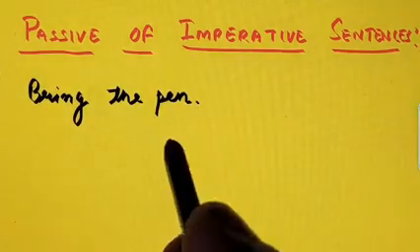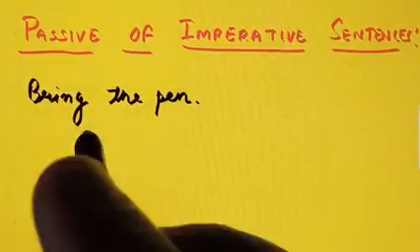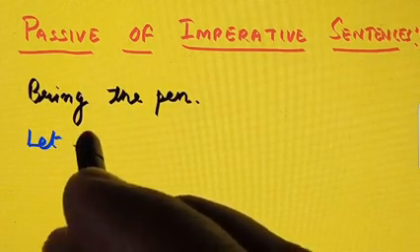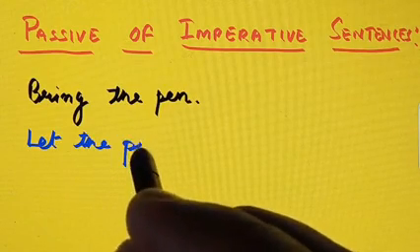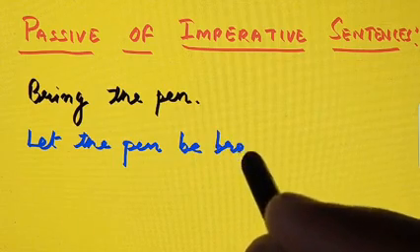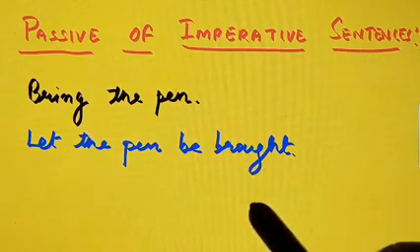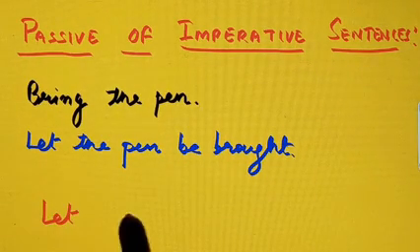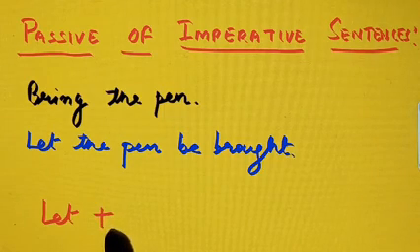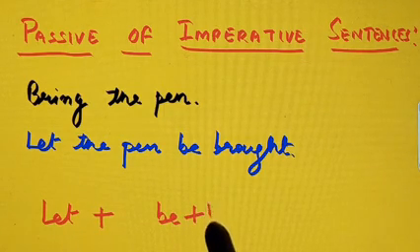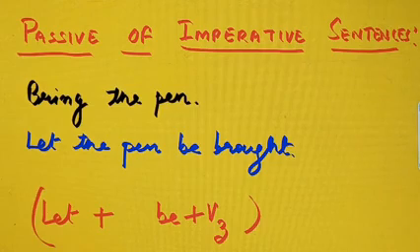We make the passive of such sentences by using let: let the pen be brought. So the rule is we begin the sentence with let and use be plus the third form of the verb.